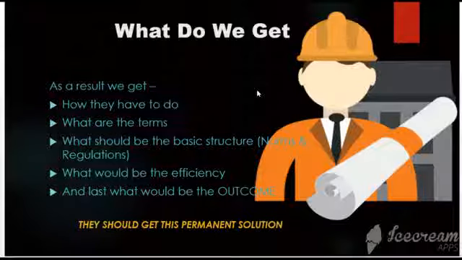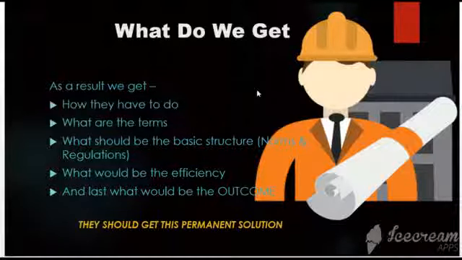So first is how they have to do it, that is, what is the procedure. Second, what are the terms, that is, the different kinds of problems they have to face. Third, how the problems have to be faced. Fourth, work can be completed in any time interval, but it should be fast and development should be sustainable.